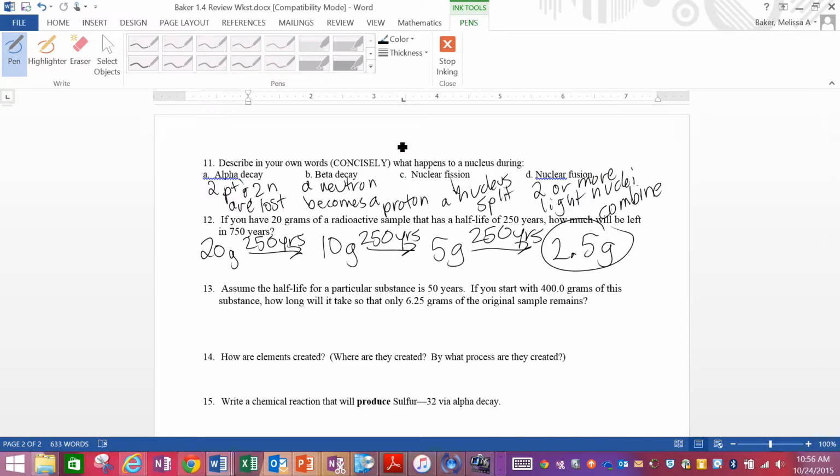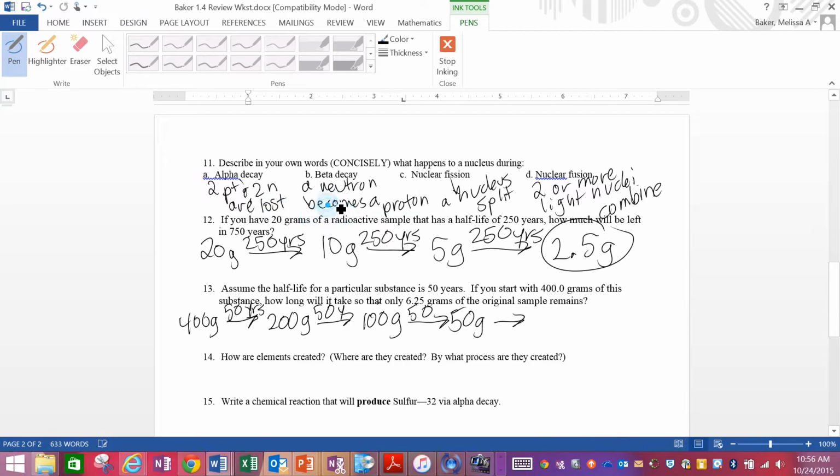Number 13, assume the half-life for something is 50 years. If you start with 400 grams, how long will it take so that only 6.25 grams of the original sample remains? Well, after the first 50 years, there's only 200 grams left. After another 50 years, there's only 100 grams. After another 50 years, 50 grams.